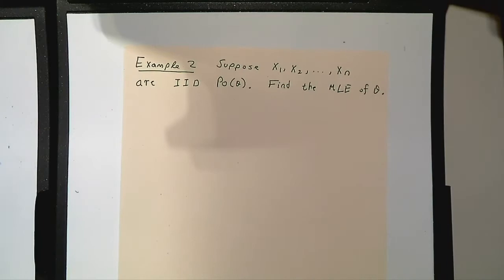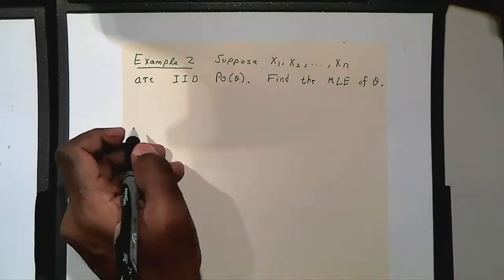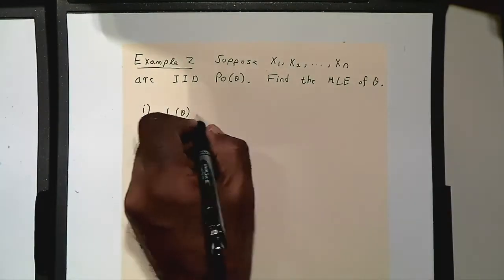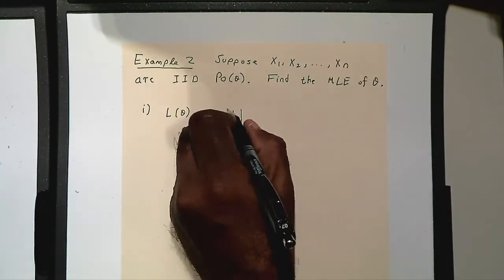Right, can you read this? It says, you have a random sample from a Poisson distribution with parameter theta, and we want to find the MLE of theta, right? So the first step is to write down the likelihood function.